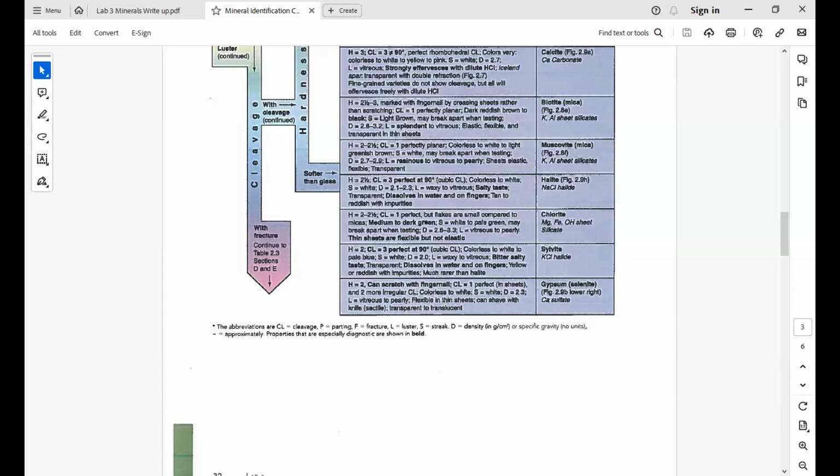So I could add that as a special property. And that is gypsum, the variety called selenite. Like I said, there's a bunch of different varieties.